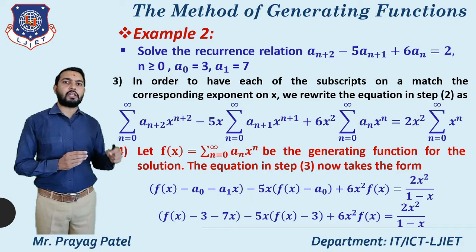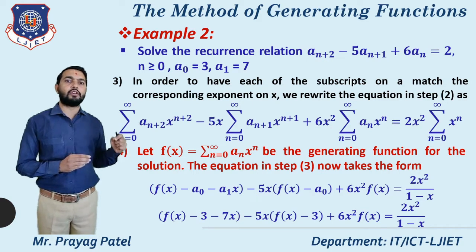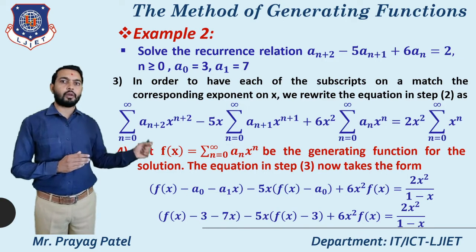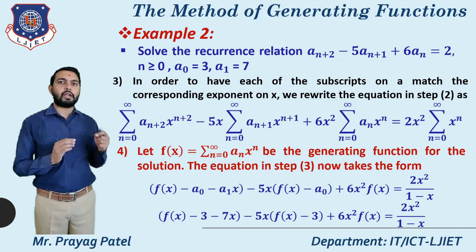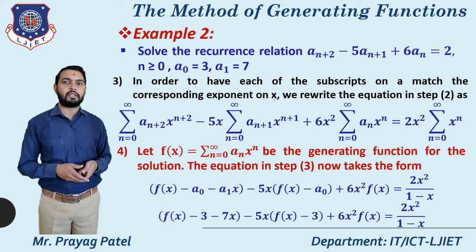So f of x minus 3 minus 7x minus 5x into f of x minus 3 plus 6x square into f of x equal to 2x square divided by 1 minus x. Because we have the values of a0 and a1 available, we put them in this equation, then we will get the resultant value like this.